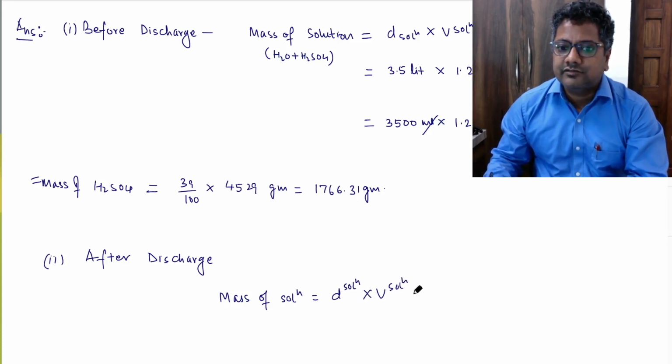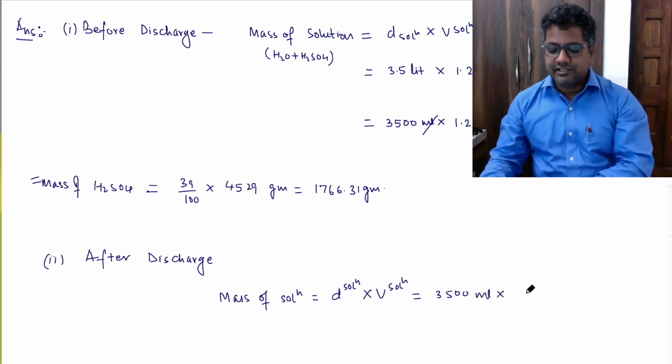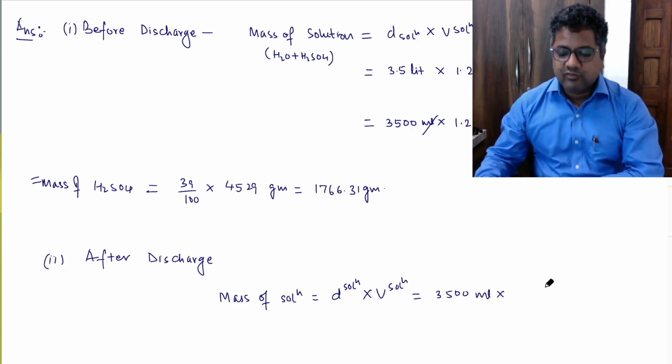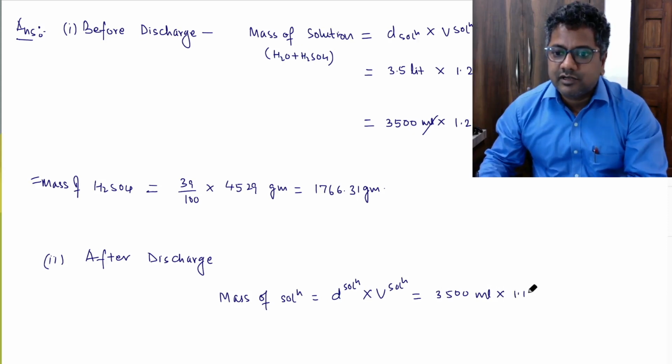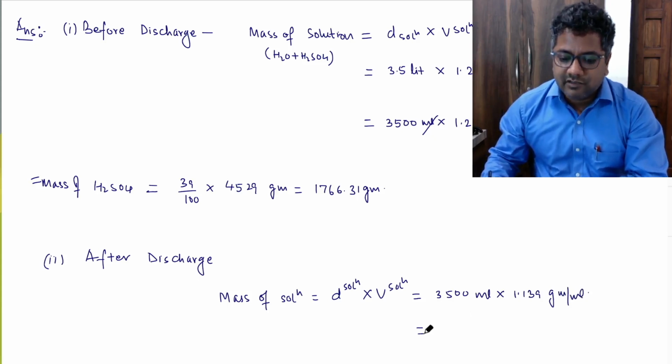This time also we are taking the same volume. So this is 3500 ml times the density, which changes to 1.139 grams per ml. So this is equal to 3986.5 gram.